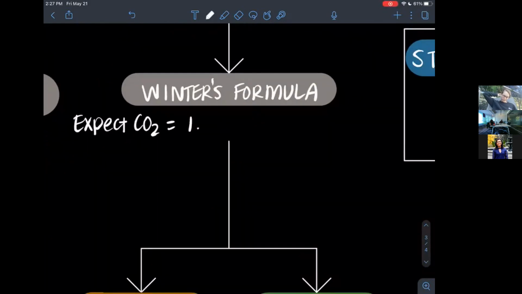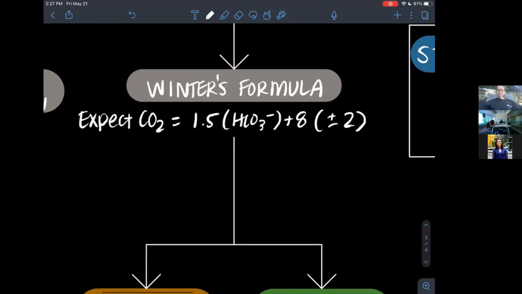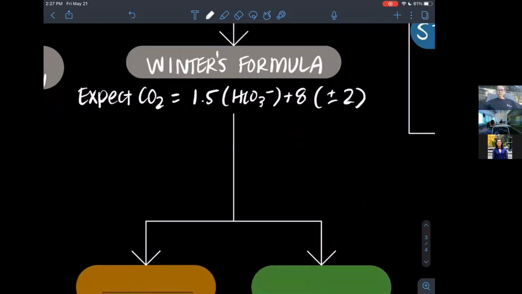So what you do is you take 1.5 times your bicarb, you add 8, and you give yourself some leeway because the body's not perfect, so you say plus or minus 2. So this is how we figure out what's happening.